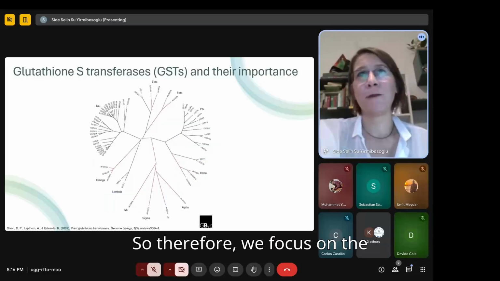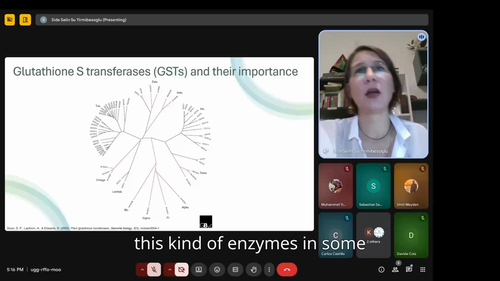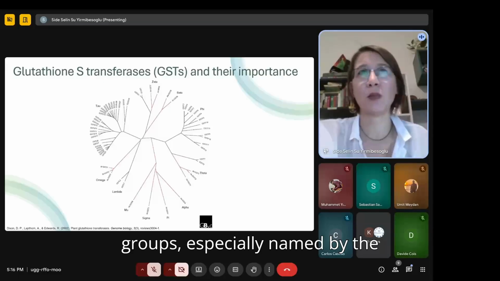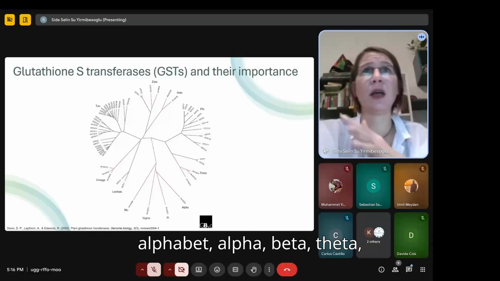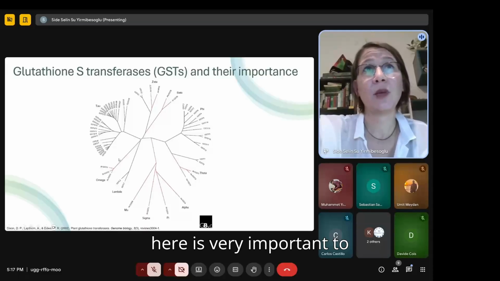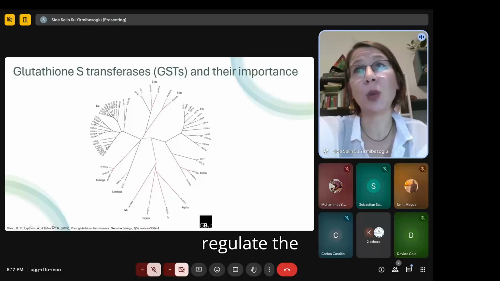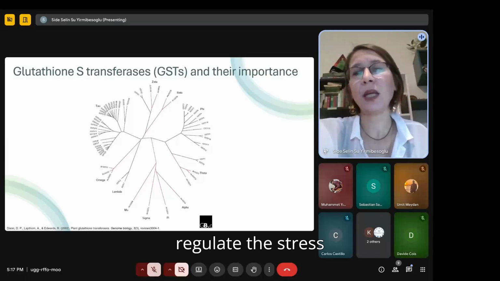So therefore, we focus on the glutathione S-transferases, and we classify these enzymes into some groups, especially named by the alphabet: alpha, beta, theta, and among these, the tau group over here is very important to regulate the stress response.